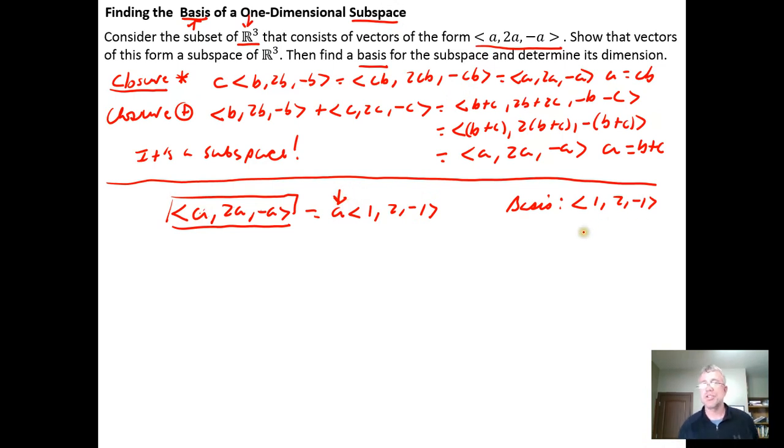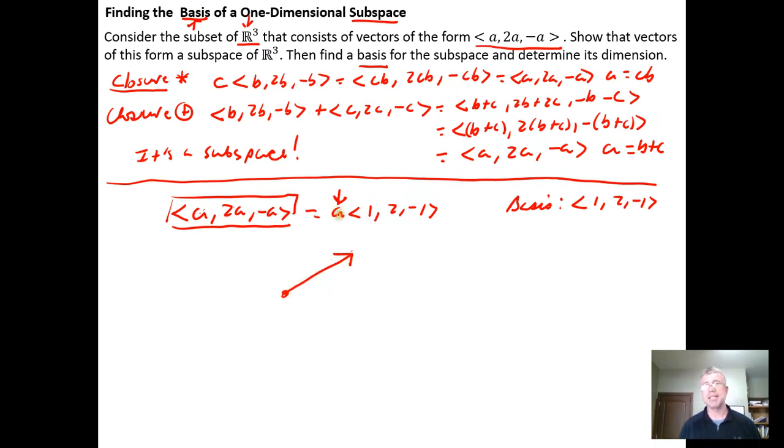Because it has dimension 1, the geometric interpretation of this is a line through the origin. Notice if I let a equal 0, I get 0 times this, which is the zero vector. So I have a vector that starts at the origin and points in whatever direction it points.